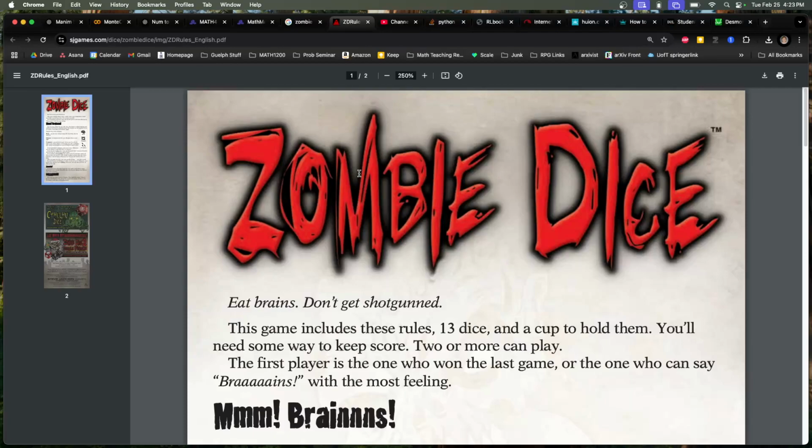Let's see if I can get this going as well. Doc cam. Can you say brains with the most feeling? No. Okay, so these are what the dice look like, if this will turn on. Wait, are you first player? I'm the first player, yes, I guess.